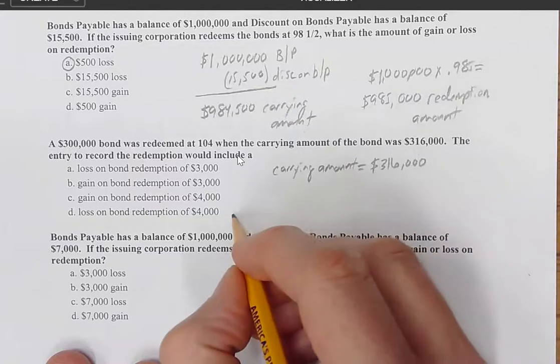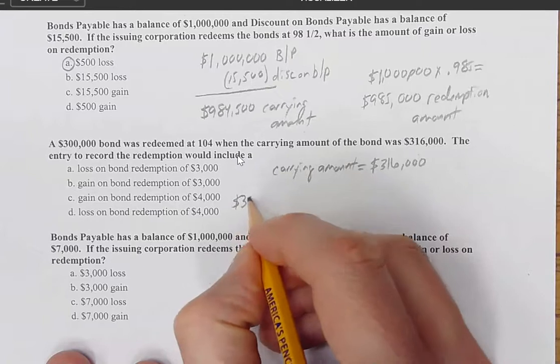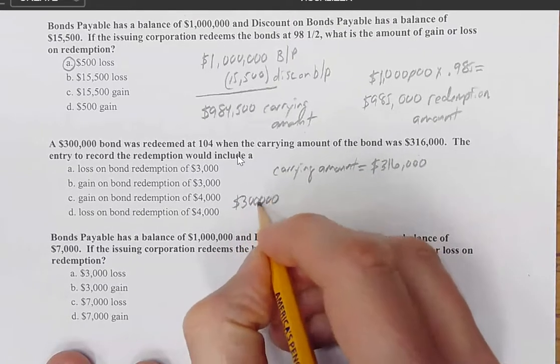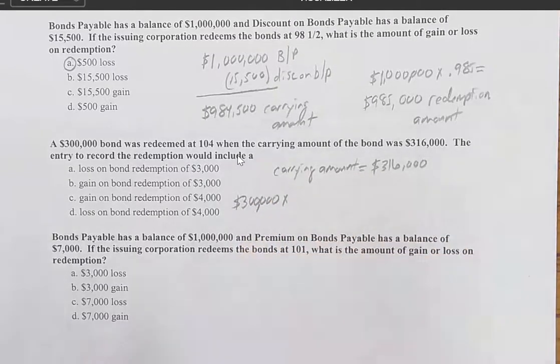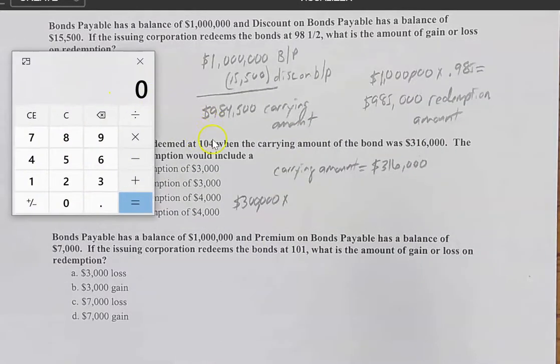So we've got to take these $300,000 worth of bonds, and we have to multiply them by what? By 104. 300,000 times 1.04, or 104% of 300,000, equals 312,000.